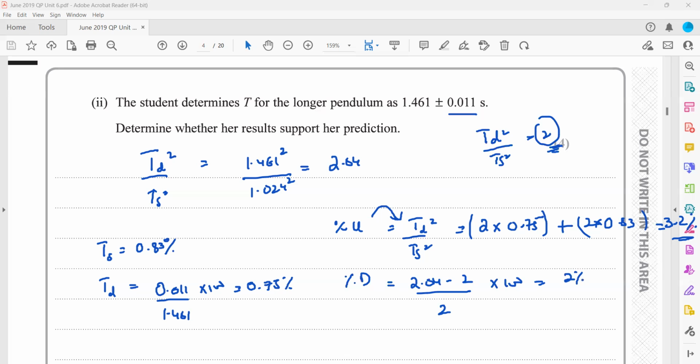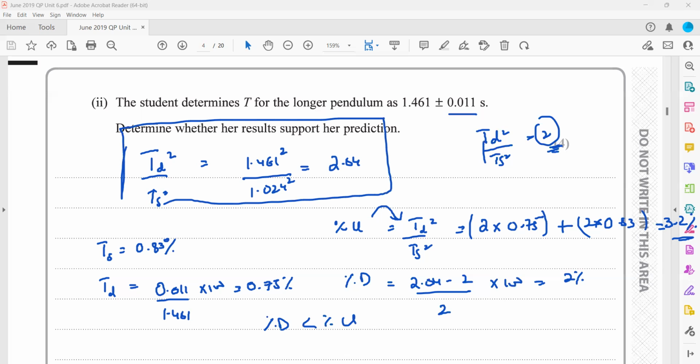When you compare this, you can see the percentage difference we calculated is less than the percentage uncertainty. It means the measurements support the prediction, like the values are equal. Is it clear?